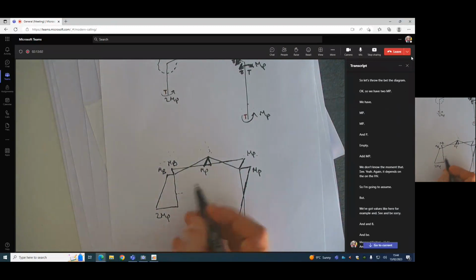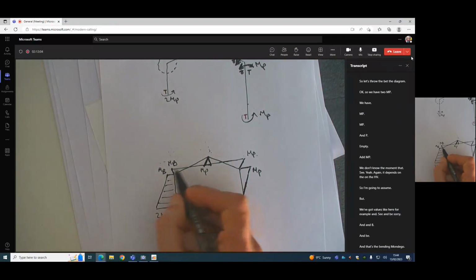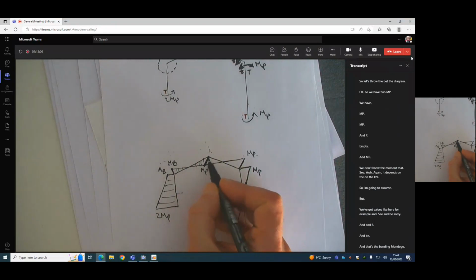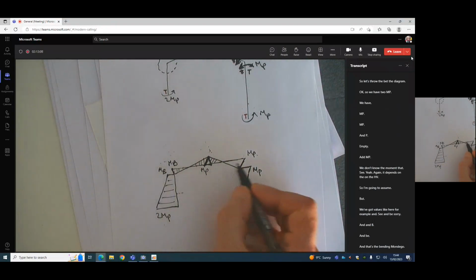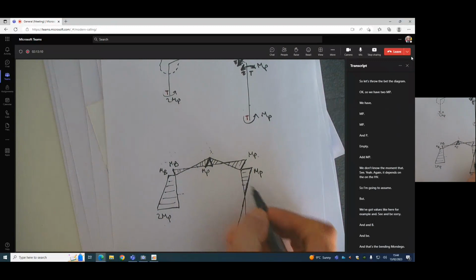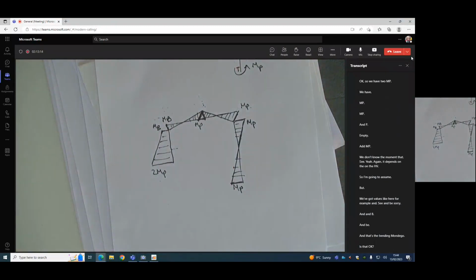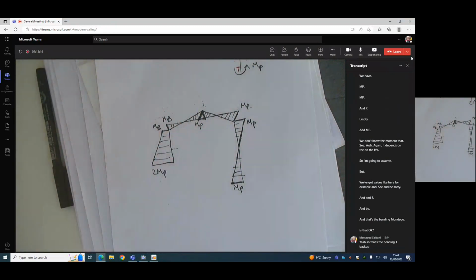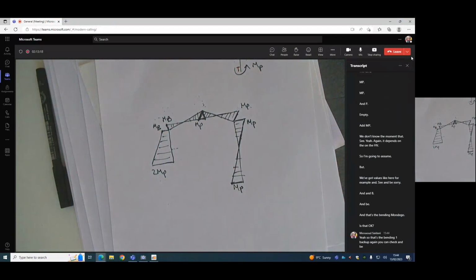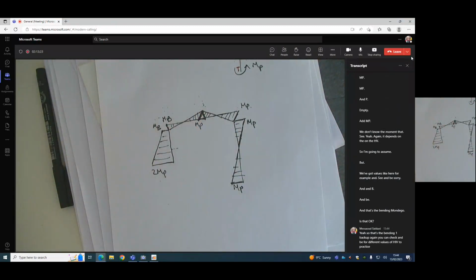And that's the bending moment diagram. Is that okay? Yeah, so that's the bending moment diagram. Again, you can check MB for different values of H and V to practice how to obtain it.